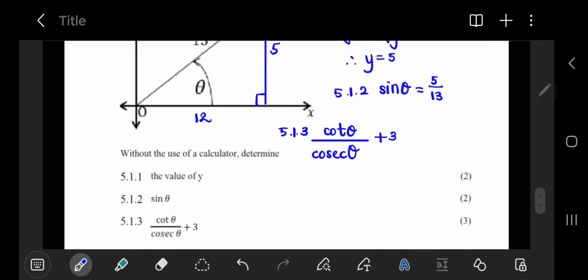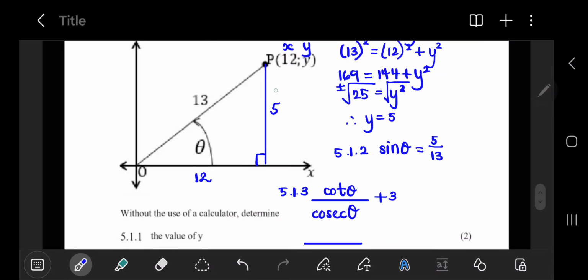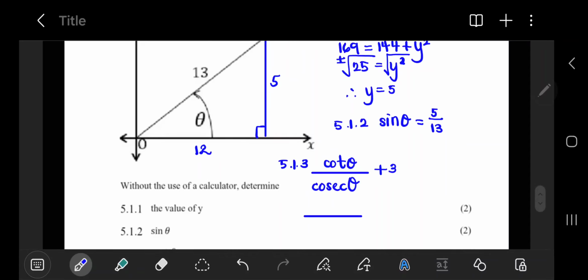So where you would normally have tan being opposite over adjacent, cot is inverted. Cot would be adjacent over opposite. So cot here is going to be 12 over 5.